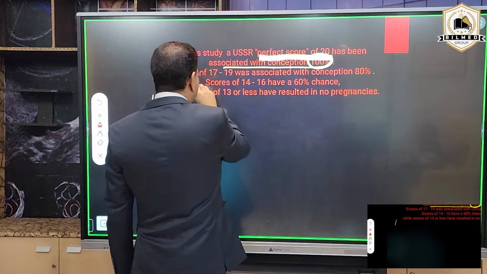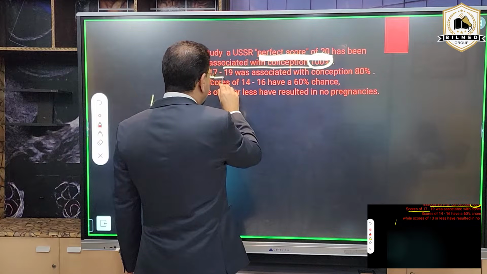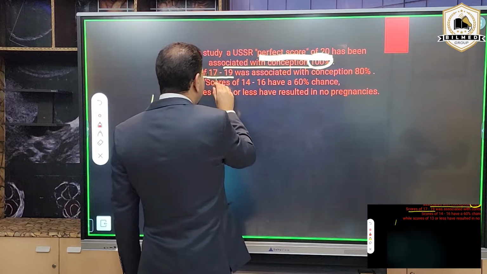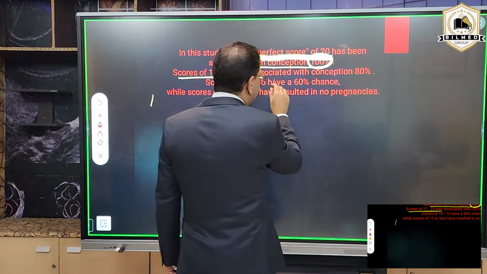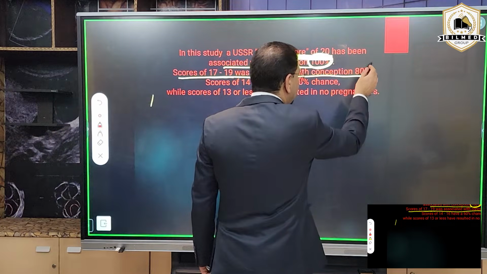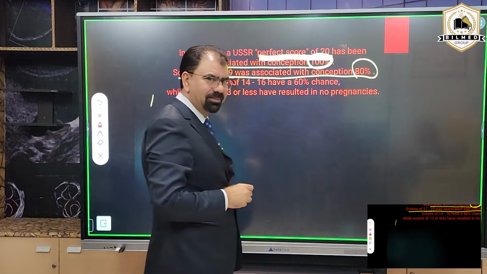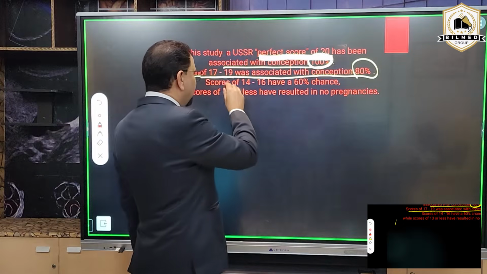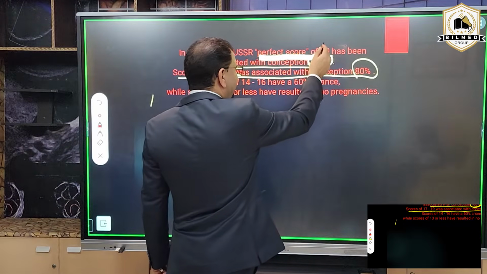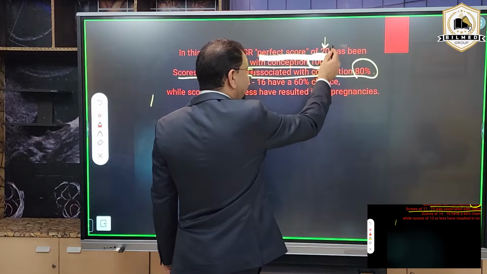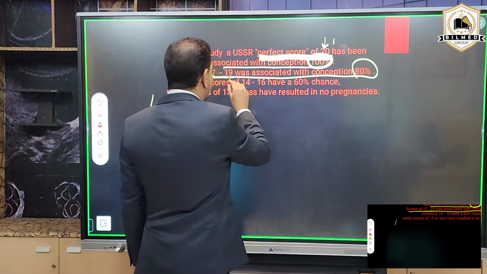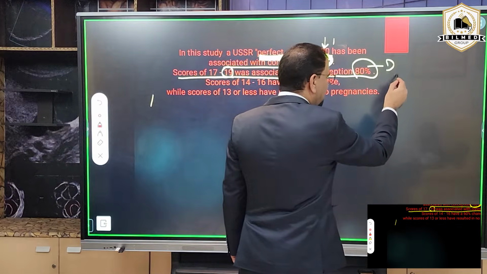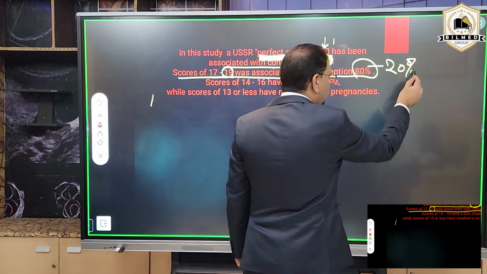But when the score dropped by just 2 or 3, that is 17 to 19, it had a conception rate of 80% only. It means that even a drop of 1, from 20 to 19, is dropping the conception score by 20%.